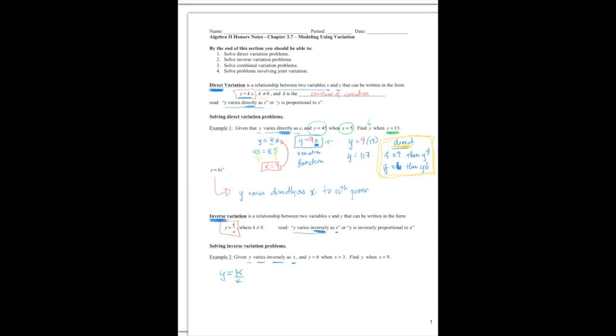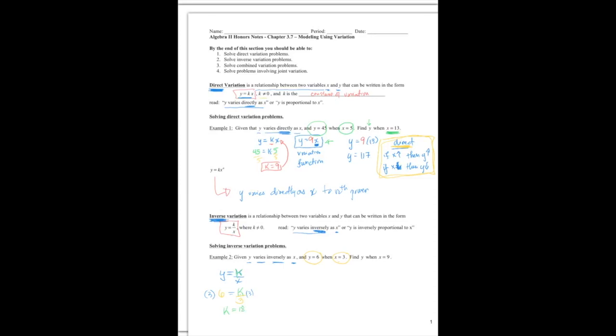So if I'm trying to find k, I'm going to substitute in what I have been given for y and x. So y is 6. k is the constant of variation that we're finding, and x is 3. So if I want to solve for k, all I have to do is multiply both sides by 3, and I get that the constant of variation k equals 18.